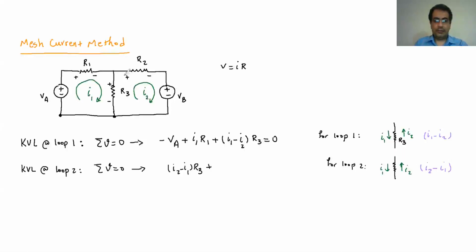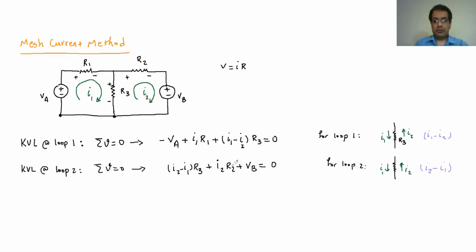So it's going to be positive I2 R2, based on Ohm's law. And then I hit the positive sign of the voltage, so it's going to be plus VB equals 0.